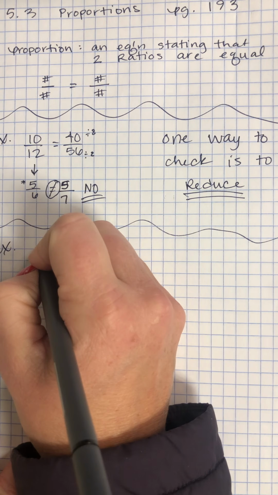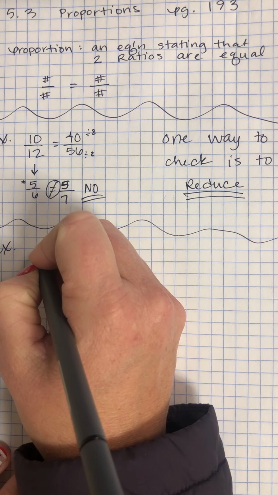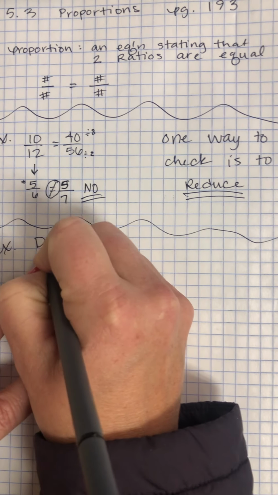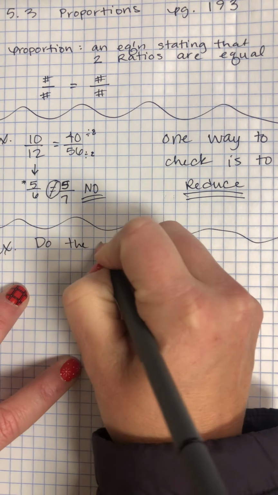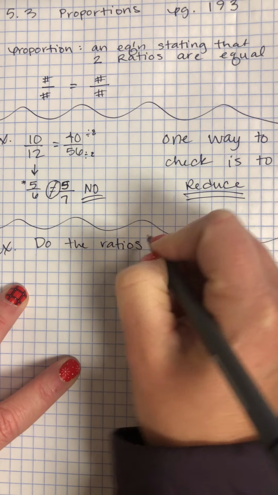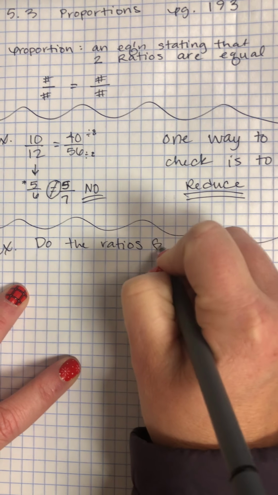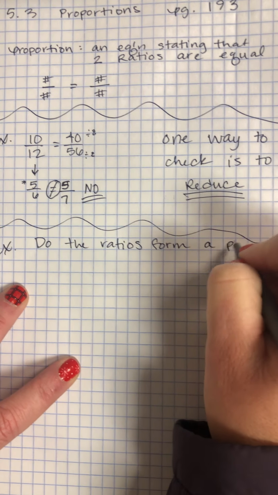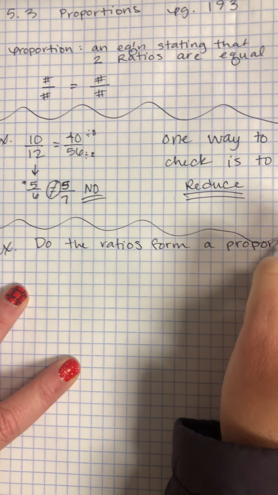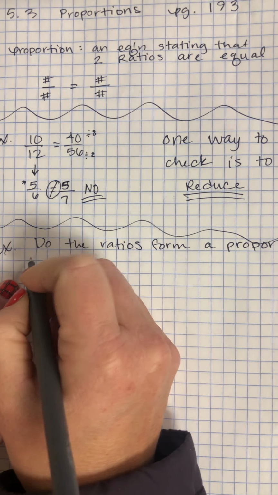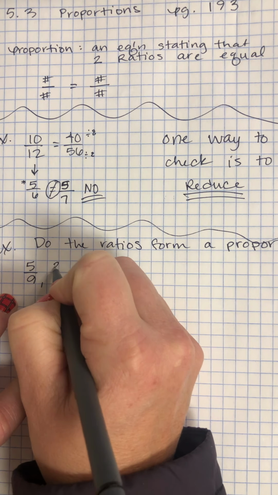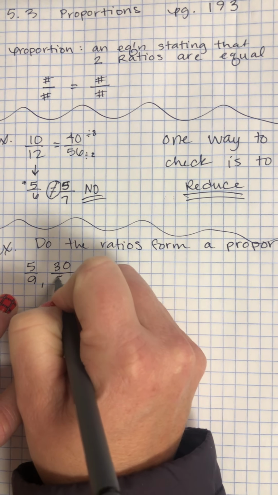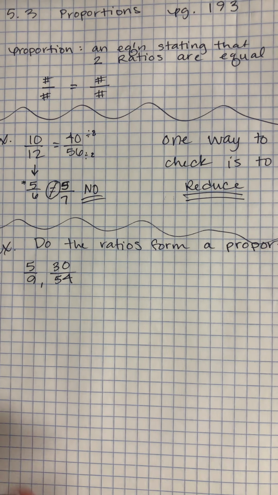Okay, so the other type of way they're going to ask is do the ratios form a proportion? And then they're going to give you two ratios, 5/9, comma, 30/54ths.